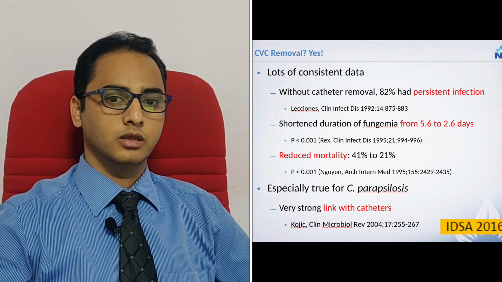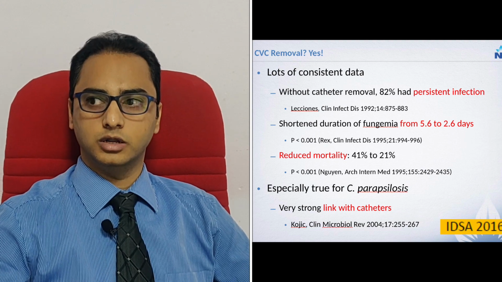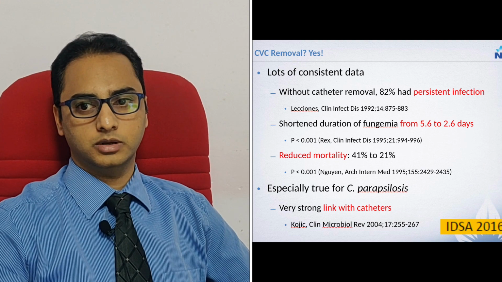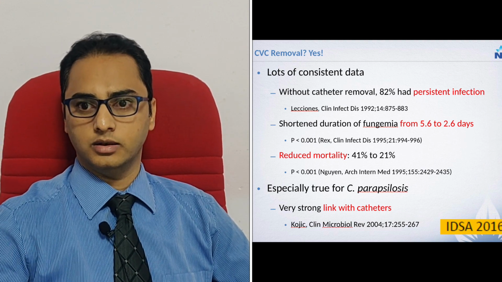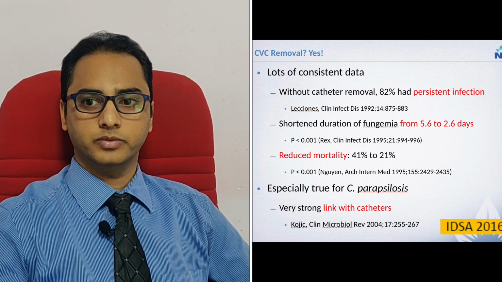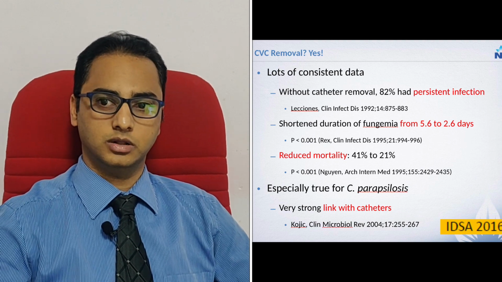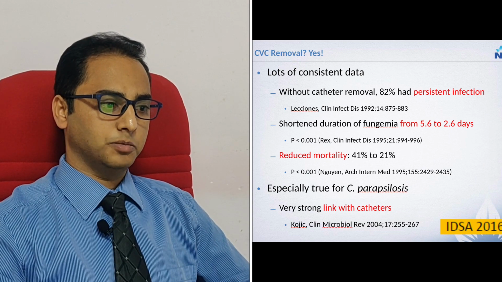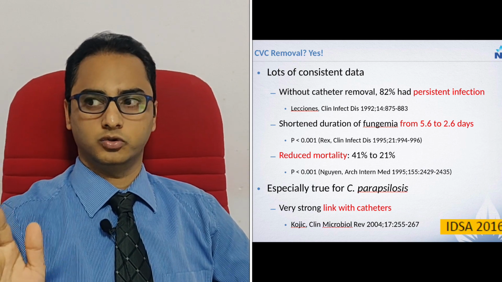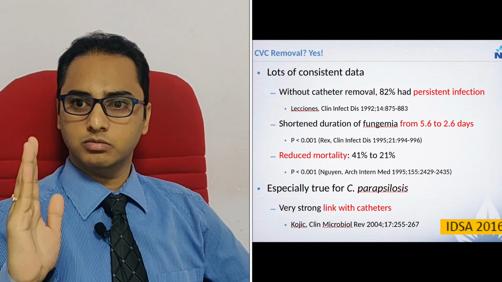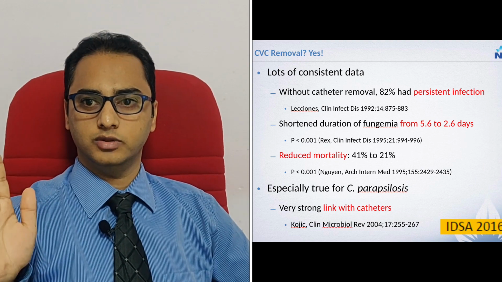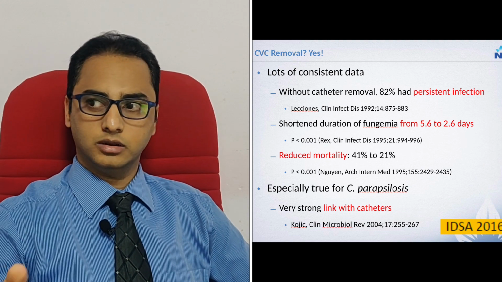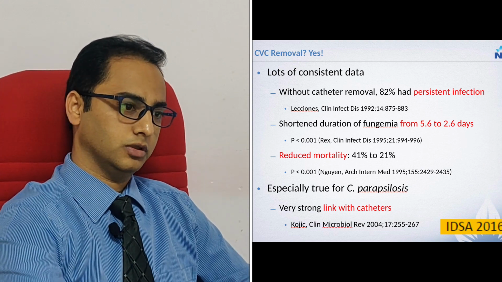Mortality was reduced: it was 41% if you are not removing the line, against 21%. It's almost a 50% reduction in mortality if you take out the central line when you have a definitive diagnosis. Especially it is true for Candida parapsilosis. I told you Candida parapsilosis is most commonly associated with central line related Candida infection. Very strong link with catheter, that is for Candida parapsilosis.